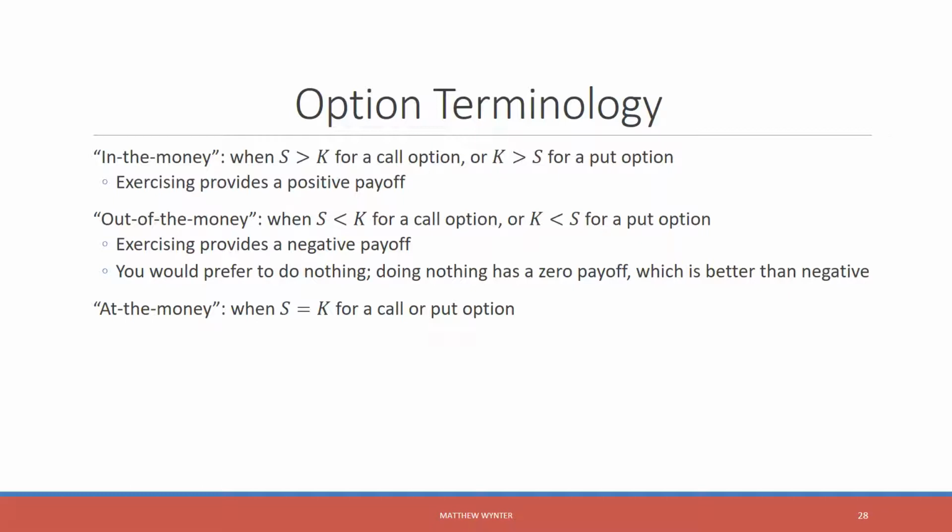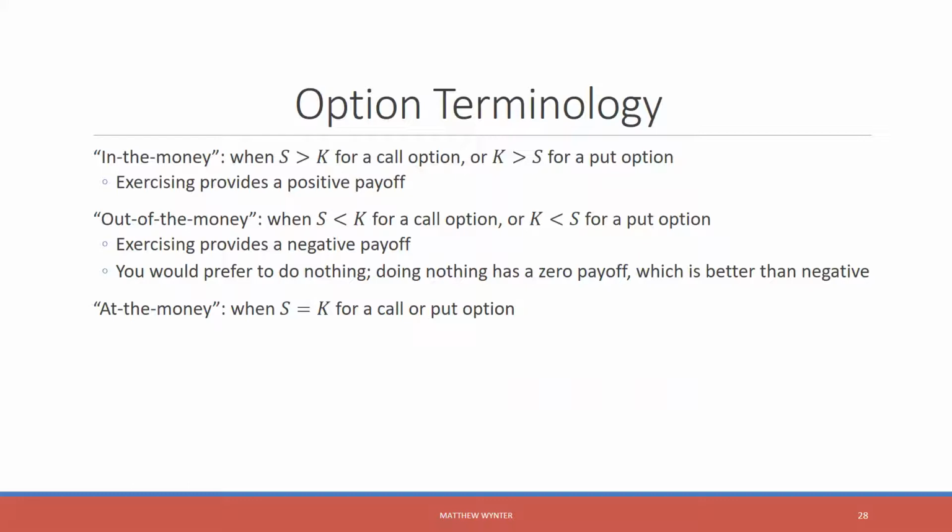So for the call option, if you want to buy at a low price, suppose that the spot, so in our examples, we've been using a strike of 180. Suppose that the spot exchange rate is 160. Think about the call option. If the spot exchange rate at maturity is 160 and the strike price for our option is 180, then our call option is out of the money. Okay, well, let's think about that.